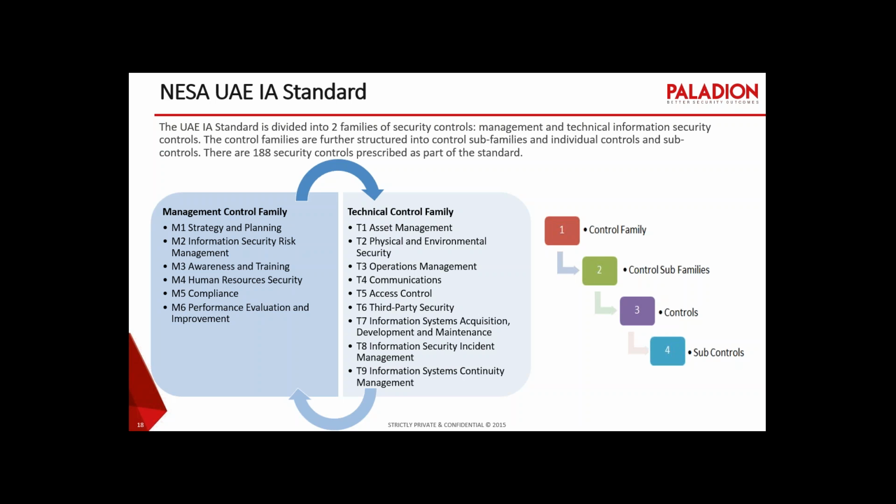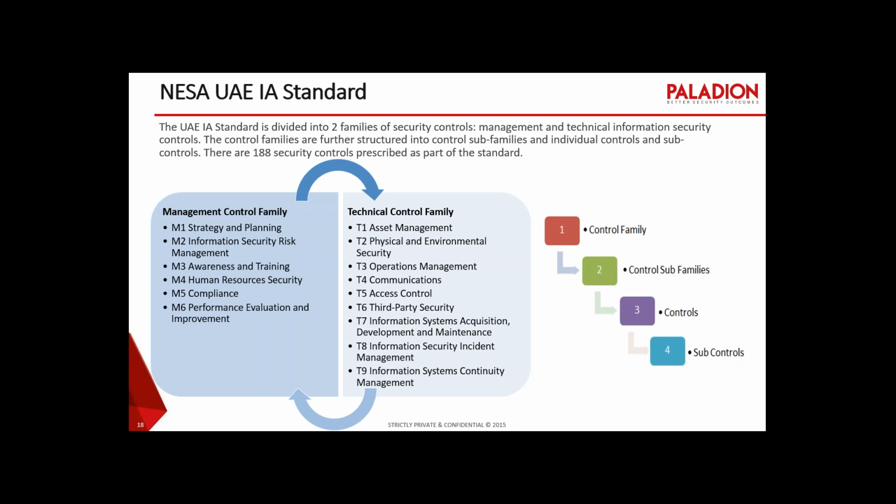The first one is management security control, and the second one is technical security controls. These are called control families. So on a broad level, the NESA UAE IA Standard has 2 control families: management control family and technical control family.